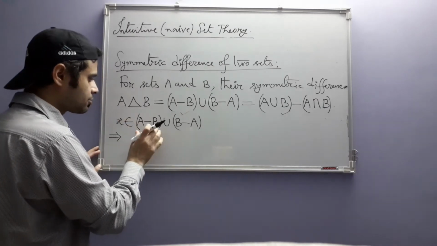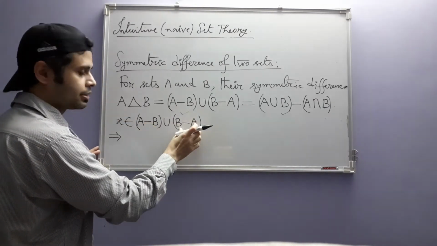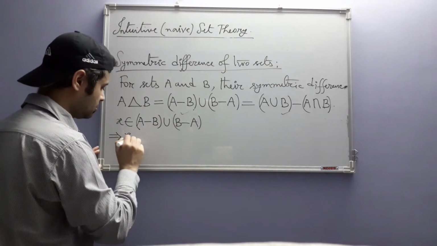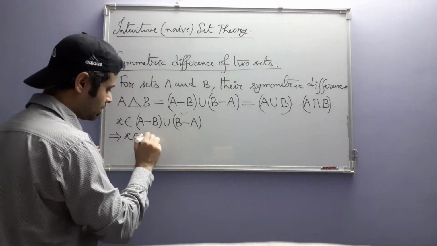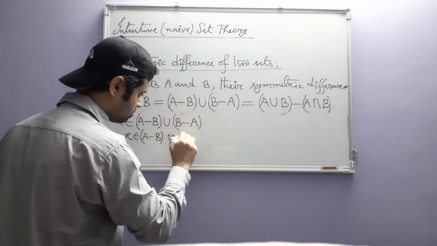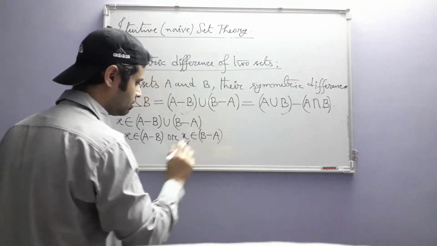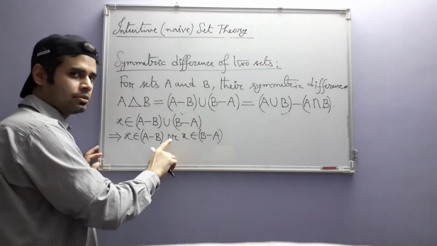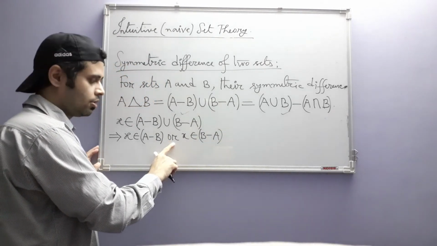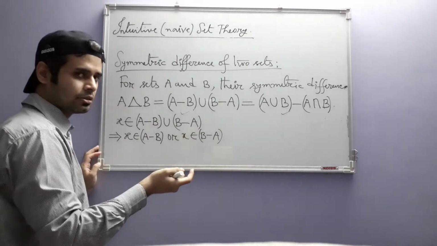So X belongs to the union of two sets. One set is A minus B, the other set is B minus A. So this means X belongs to A minus B or X belongs to B minus A. Always keeping in mind that this OR is inclusive OR, which means that X may belong to both the sets also.